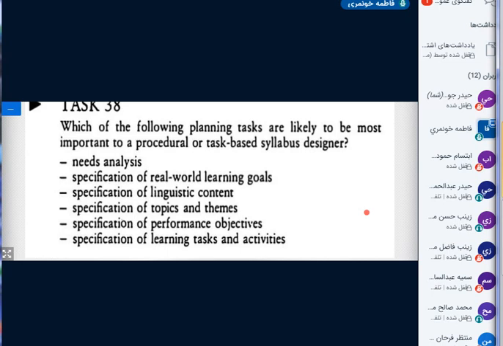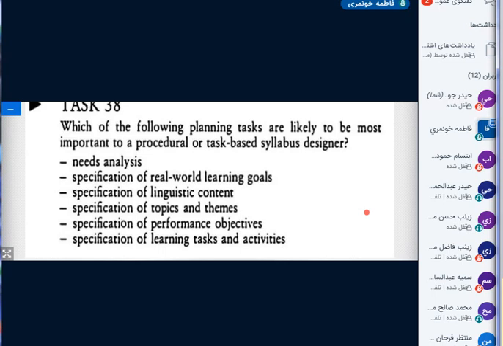If you chose grammatical items to teach, it became a grammatical syllabus. If you chose some topics and or functions and notions to teach, it became notional-functional. All of these are linguistic content that are specified. So they are features of a product-oriented syllabus, not a process-oriented one.